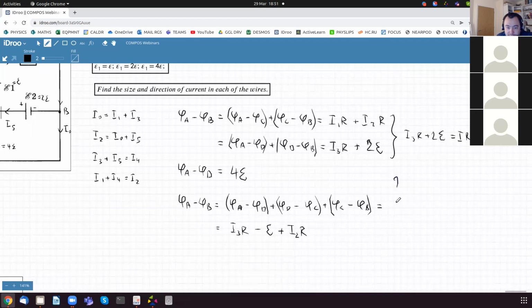So from here, I got 4 EMFs equals I3R minus EMF plus I2R.